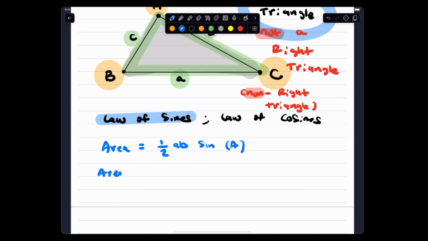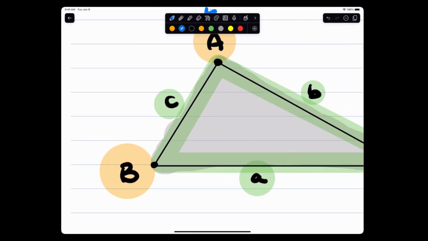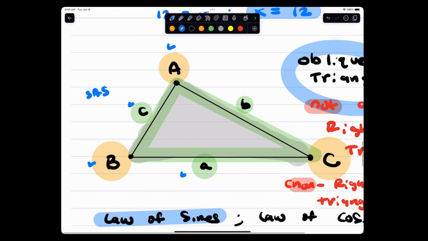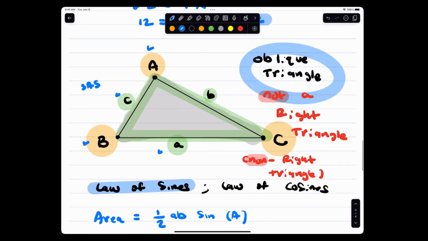And the area is also, if I focus on B now, the angle B. What were the sides? Remember what we did yesterday? We did this side angle side formula for area. So if your angle is B, it's the included angle between the two sides A and C. So that area is going to be 1/2 AC sine B. Okay, so we're dealing with that side angle side area formula from yesterday.